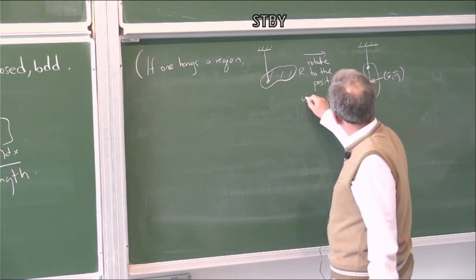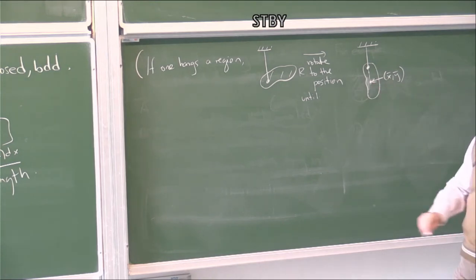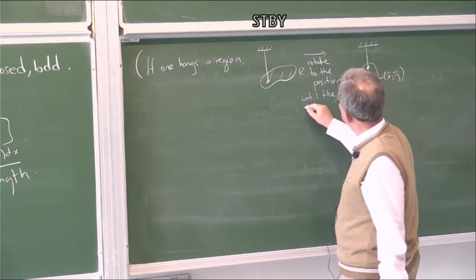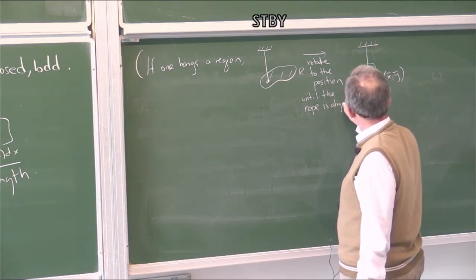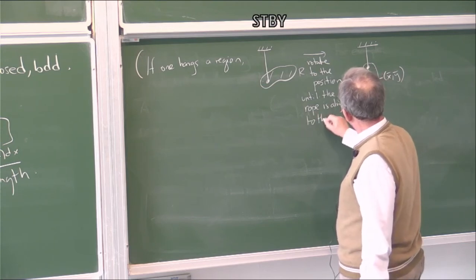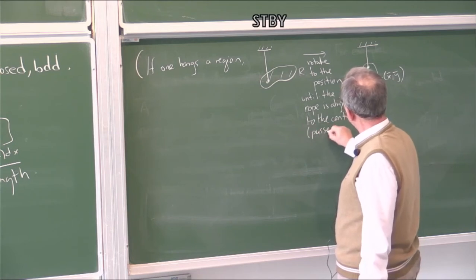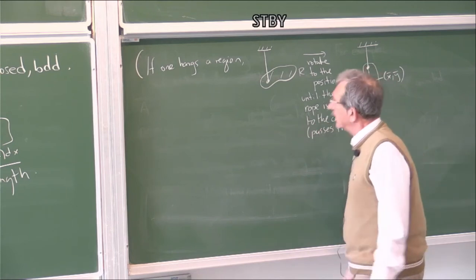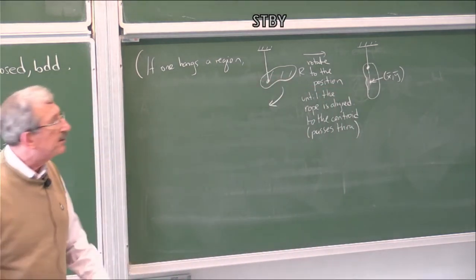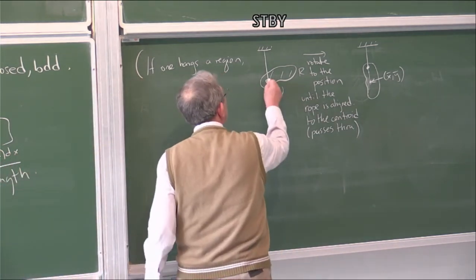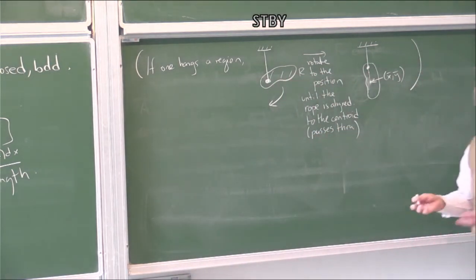Until the rope is aligned to the centroid. This is independent of the point in question. Namely, whichever point, this is always what will happen. So this is the physical meaning of a centroid.